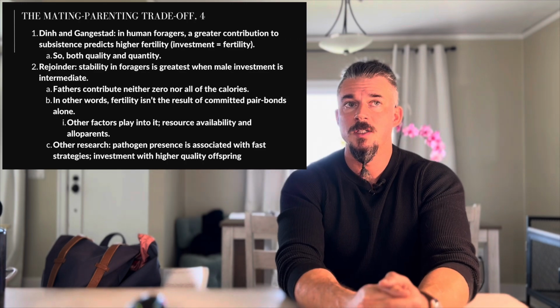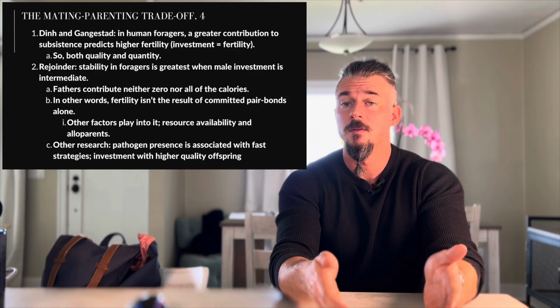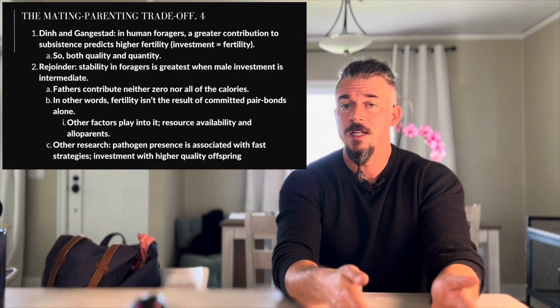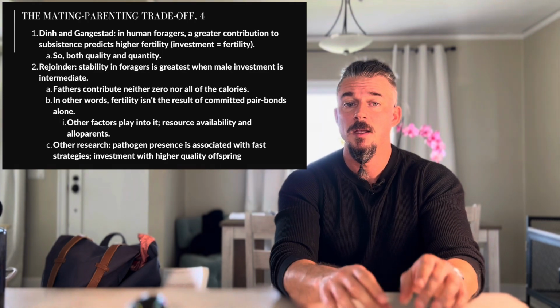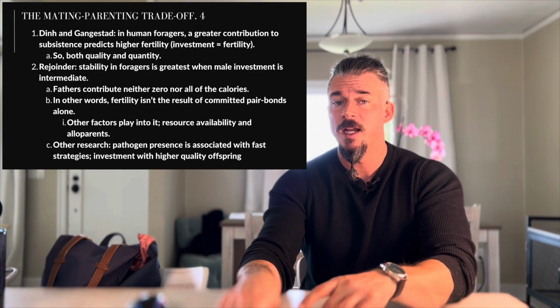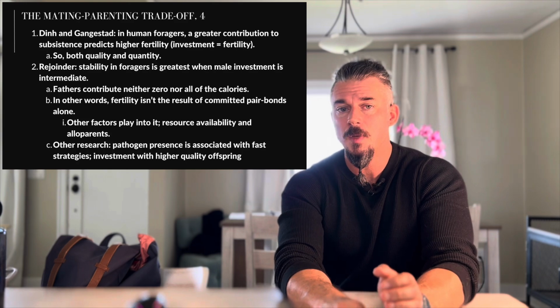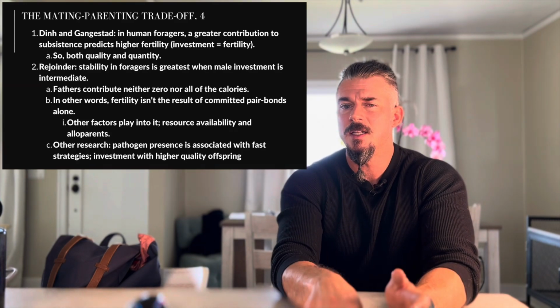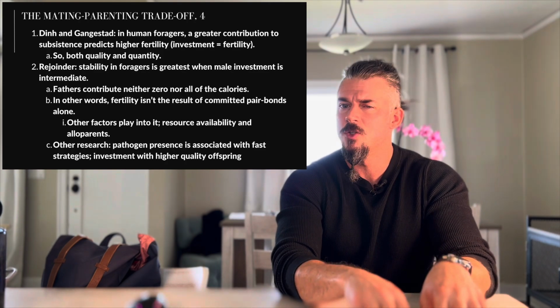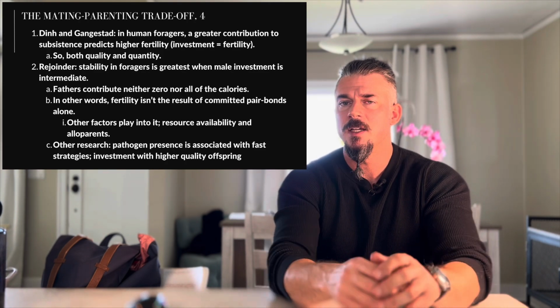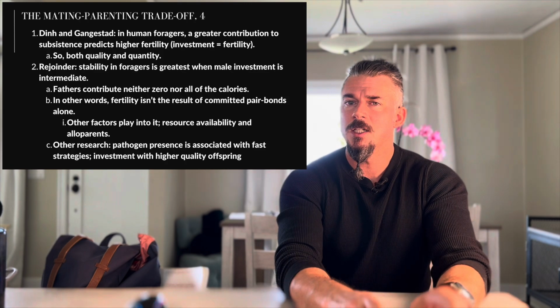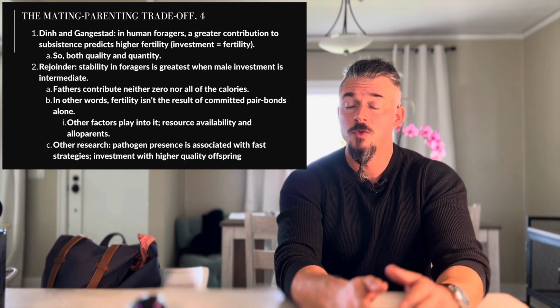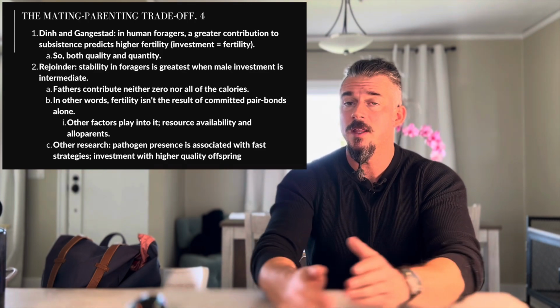So what we actually see is that the most reproductively successful dyads, or pair bonds, or men, whatever the case may be, have both quality of offspring and quantity of offspring. But something that Del Giudice says in the current paper is that in foragers, fertility is greatest when male investment is intermediate. So in situations like this, the fathers don't contribute zero to the offspring, but nor do they contribute all of the calories.